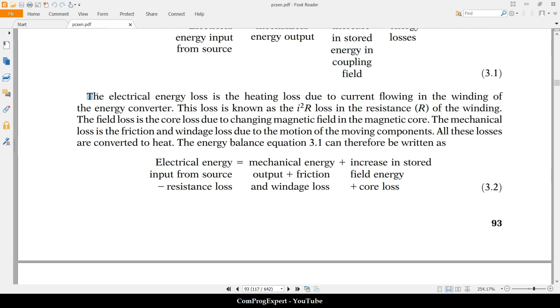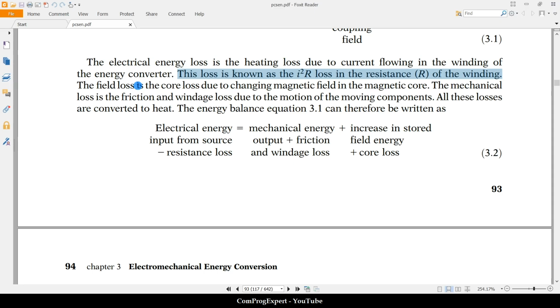The electrical energy loss is the heating loss due to current flowing in the winding of the energy converter. This loss is known as I squared R loss in the resistance of the winding. The field loss is the core loss due to changing magnetic field in the magnetic core.